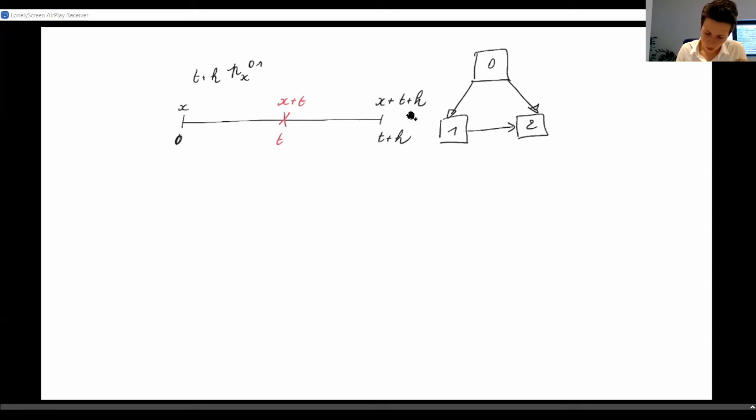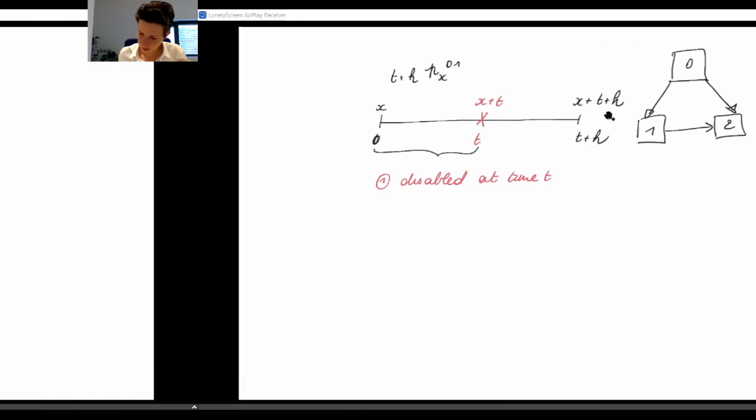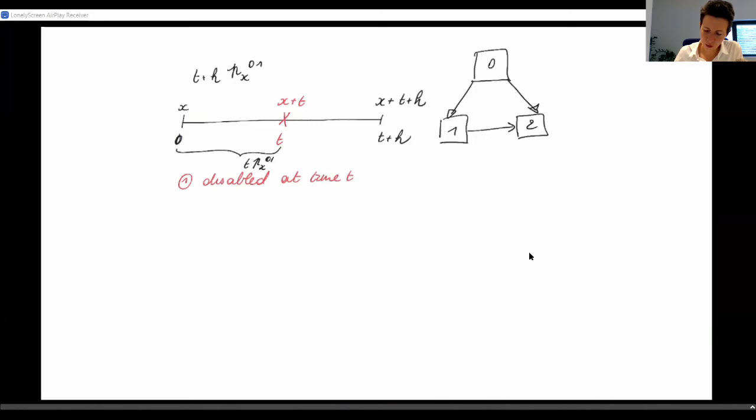So either you are, and that's the first scenario, either you are disabled at time t, right? And that's going to happen, if I look at my timeline, with probability t p_x^{01}. If you are disabled at time t, we have a policyholder who is in state 0 at time 0, and we want to know the probability that you will be in state 1, the disability state, at time t plus h.